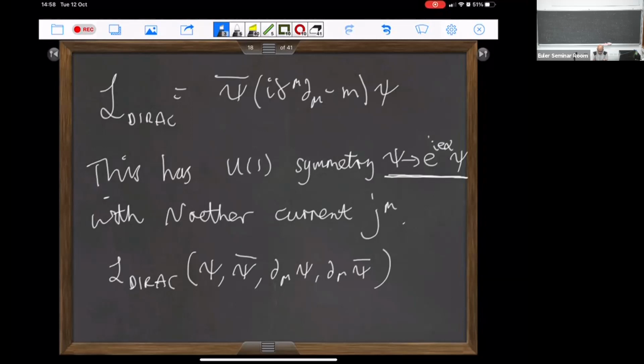And because the terms in the Dirac equation involve psi bar and psi, psi bar transforms with the opposite phase. And therefore, we have this U(1) symmetry and corresponding Noether current.